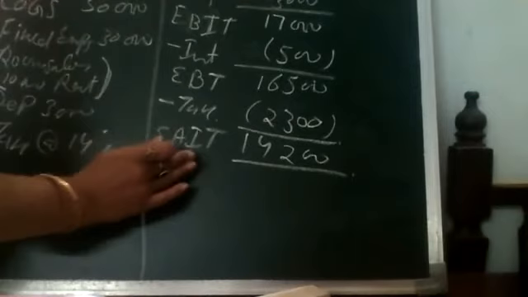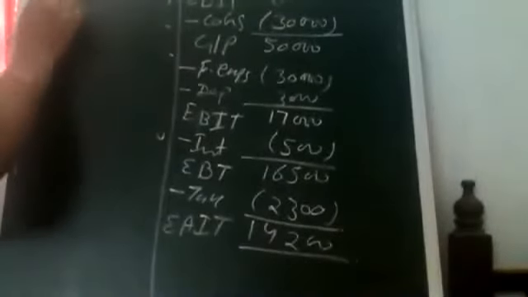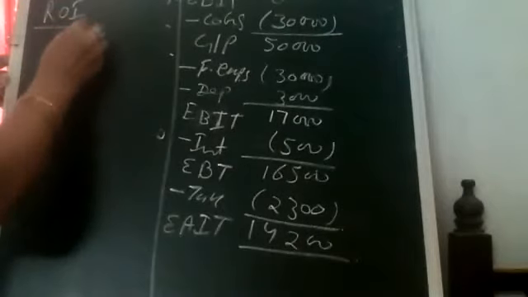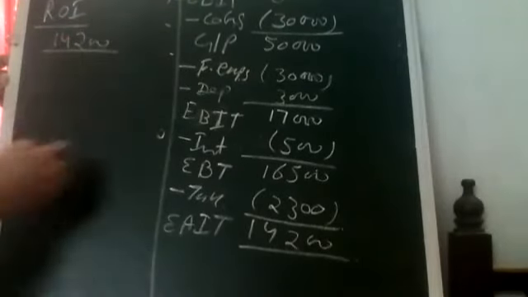Now these are the earnings after interest and tax, the earnings which we earn. Now we will have to calculate return on investment. Let's see. Return on investment. Now we will calculate it. Return is 14,200 divided by investment.